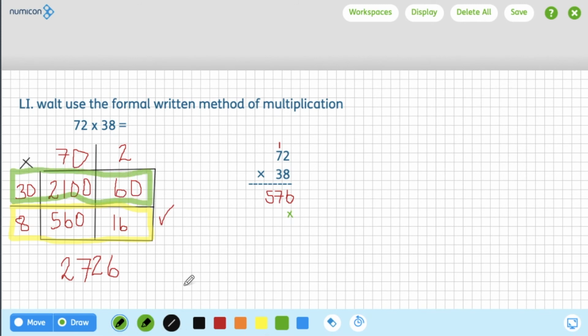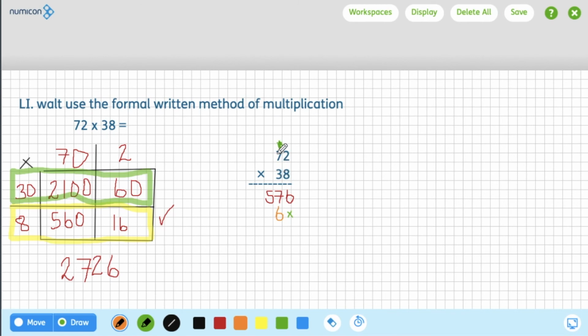So we'll go back here. We don't have any units. Remember, we're going to scribble out this one at the top just in case we need to carry something in this section. So 30 times 2 is 60. So we put our 6 here. I don't need to carry anything because it was just a straight 60.